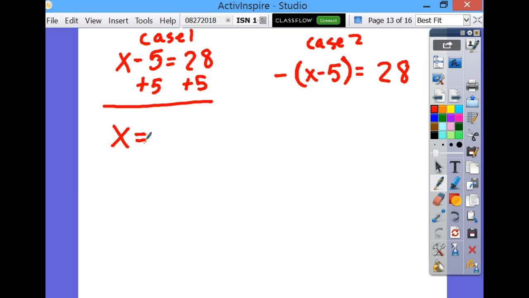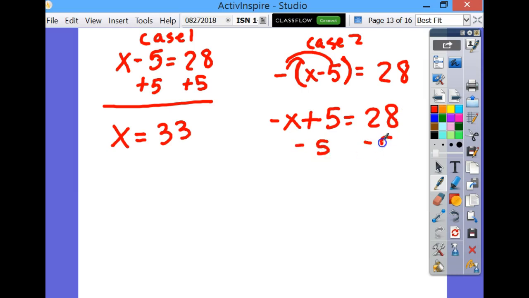And so the first thing you do to solve case 2 is distribute the negative. Negative x plus 5 equals 28. We're going to subtract 5 from both sides.